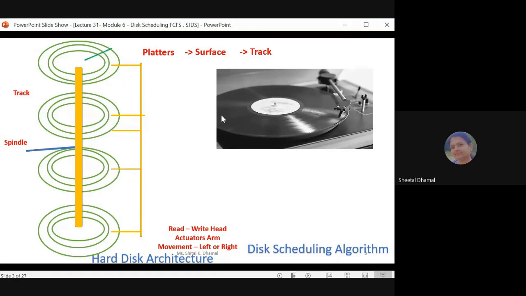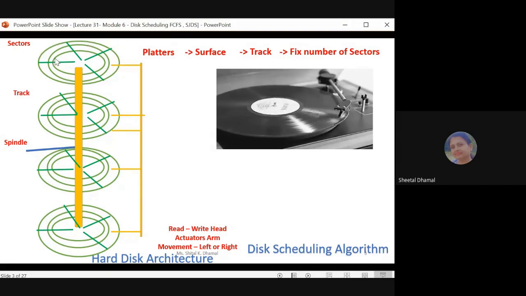After that, the tracks present on each surface of the platter are divided into a number of sectors, like this. So tracks are divided into a fixed number of sectors. Suppose this is your topmost platter.